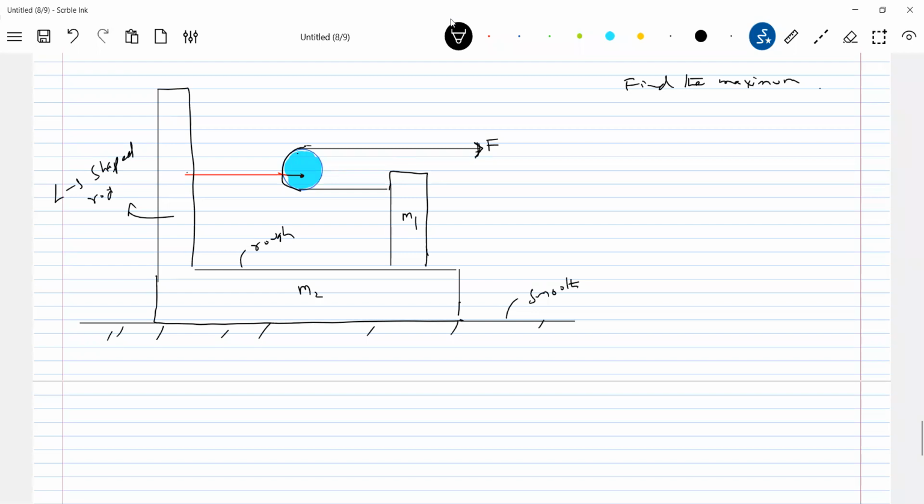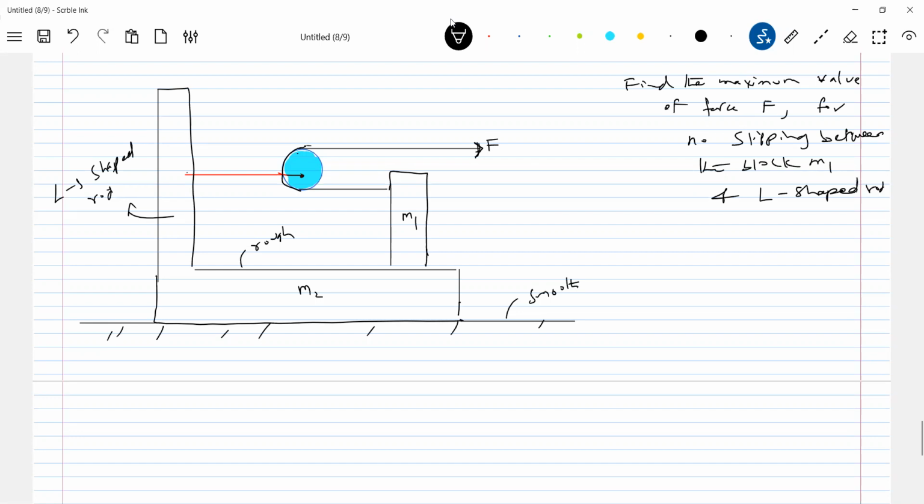Find the maximum value of force F for no slipping between the block M1 and the L-shaped rod. That's why I'm saying no slipping, means the block M1 should not slide on it.